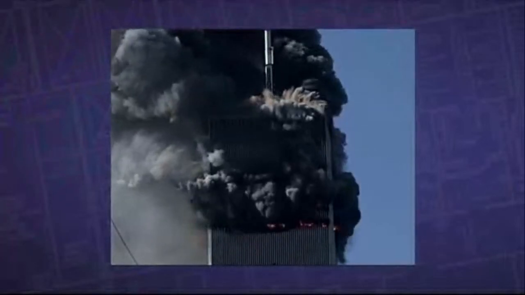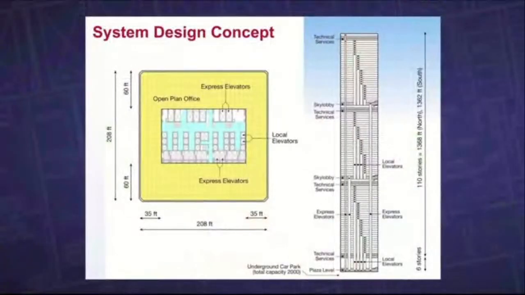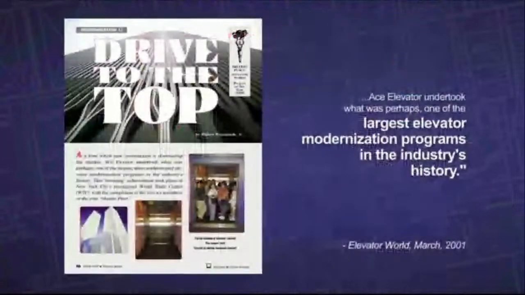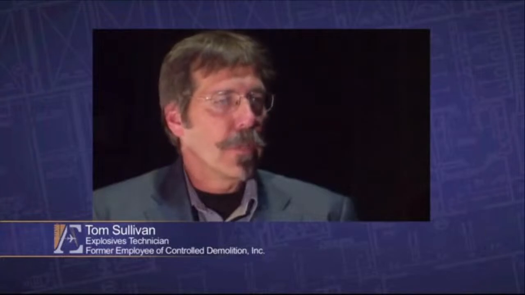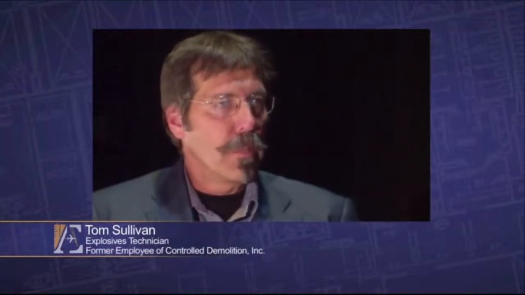I'm very familiar with the interior structure that surrounded the elevator shafts and the accessibility which the elevator companies had 24/7. It wouldn't be a problem once you gained access to the elevator shafts. Then a team of loading experts would have access to all the core columns and beams.